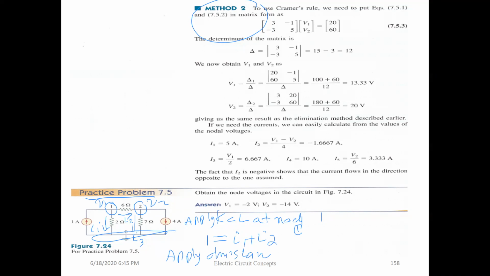So we have 1 equals I1, going from V1 to the ground, which is 0, so V1 minus 0, divided by 2, and then I2 will go from V1 to V2, divided by 6.